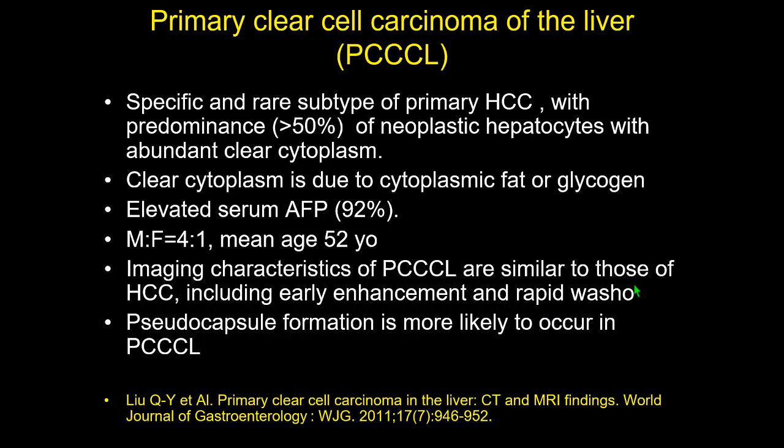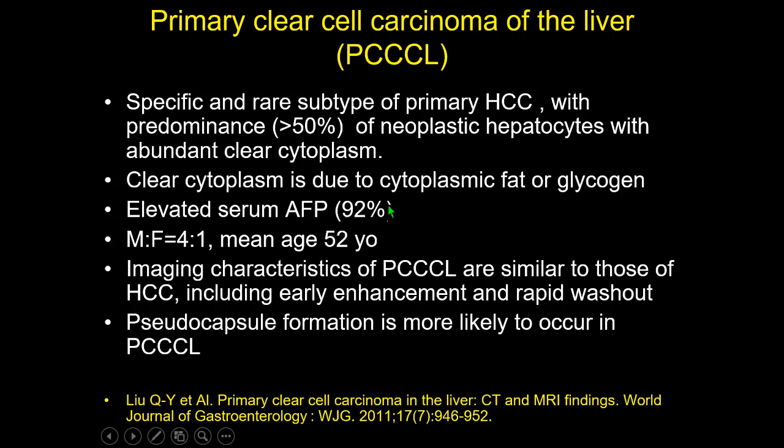And the last of the neglected brothers of HCC is the clear cell carcinoma of the liver, which is a rare subtype of primary HCC, where we have more than 50% of neoplastic hepatocytes with abundant clear cytoplasm, due to fat or glycogen.